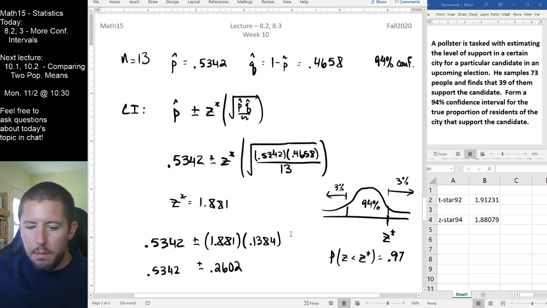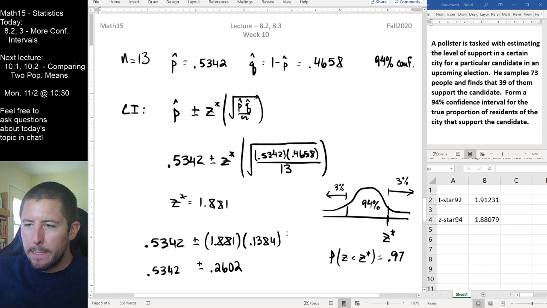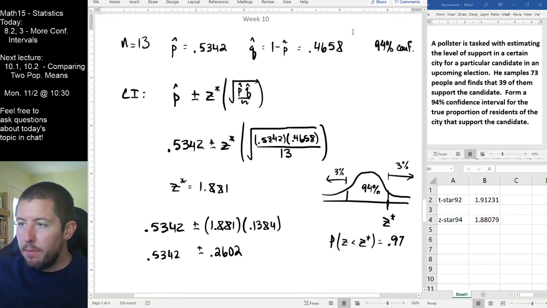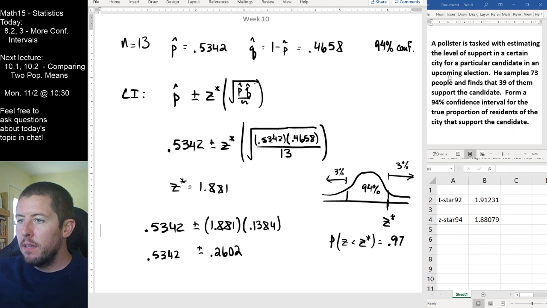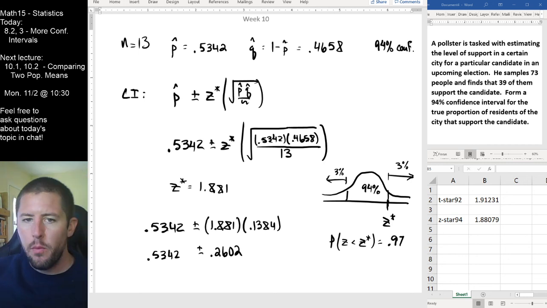That seems awfully wide to me there. Is that really our... Yeah, I suppose that is our... that seems very wide to me right there. An extra 26% of leeway in each direction.